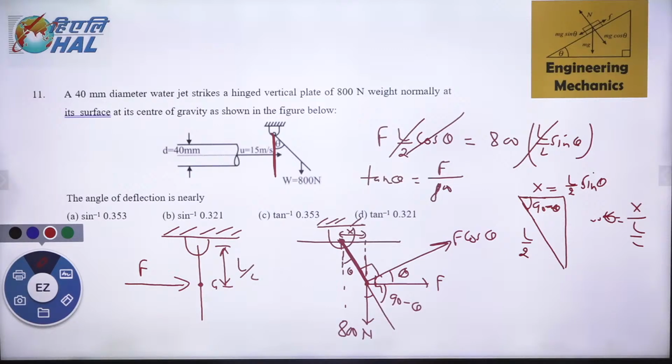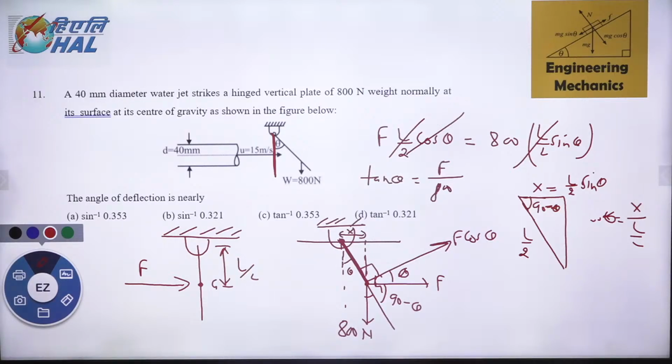And now what is the force F acting on this particular jet? Because we are given the diameter and we are given the velocity. So what is the force which this jet is applying?